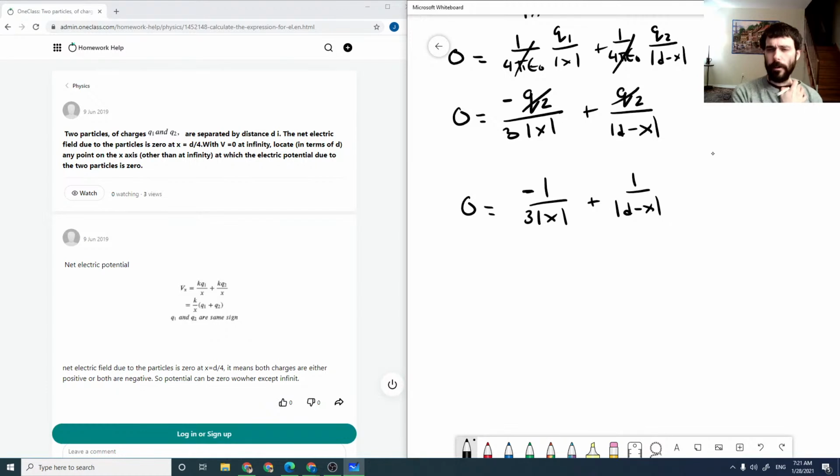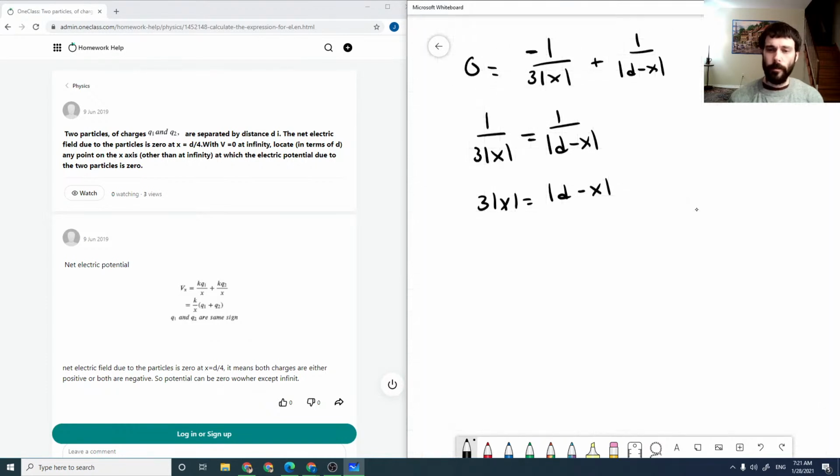Or wherever 1 over 3 absolute value of x is equal to 1 over absolute value of d minus x. So we can invert these and say that 3 times the absolute value of x is the absolute value of d minus x. Now we can get rid of our absolute values by considering the positives and negatives.